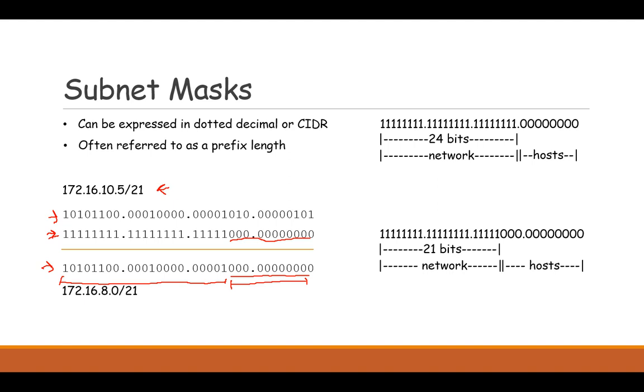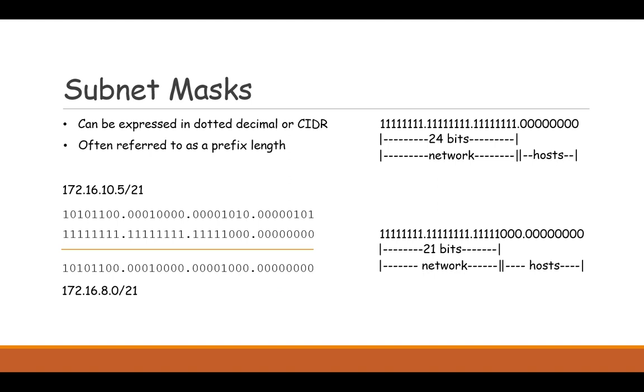So if you convert this into decimal, you end up getting 172.16.8.0/21. And honestly, I find this is really the best way to learn because it lets you really visualize what's happening with a subnet mask.